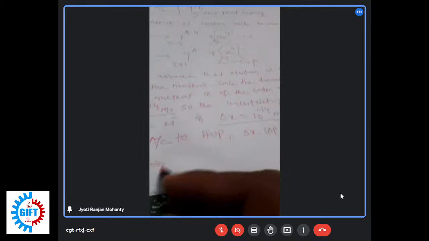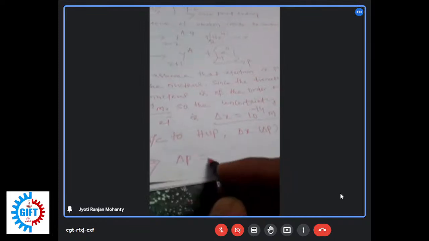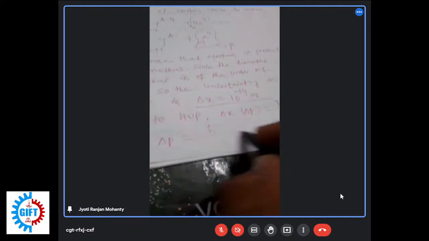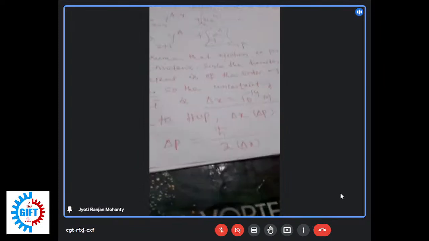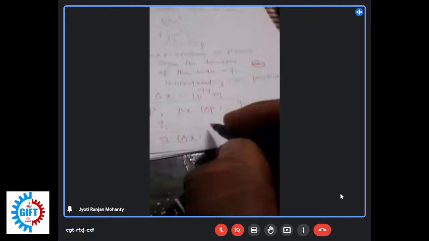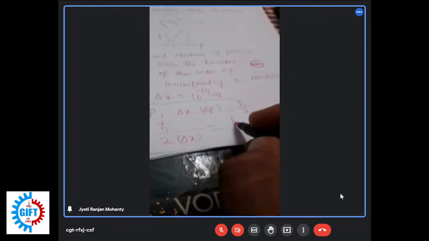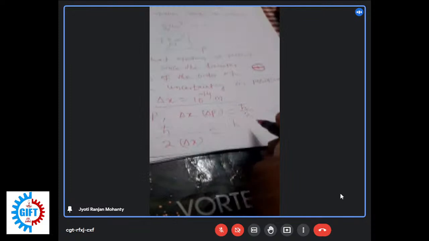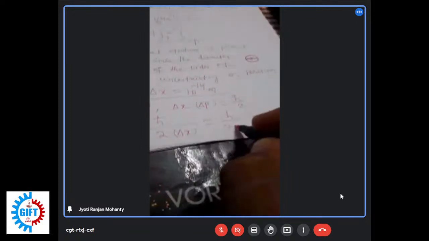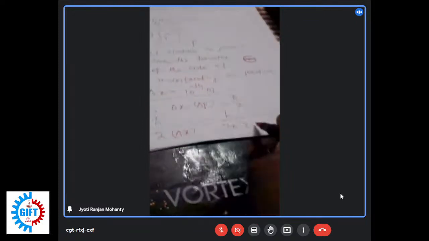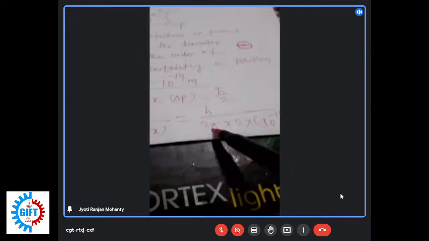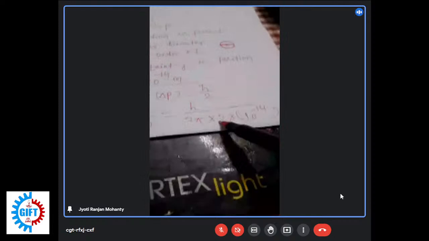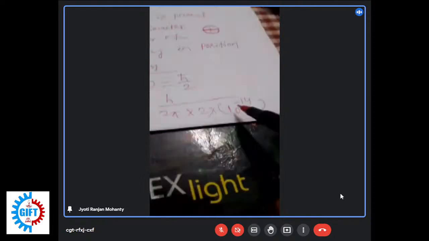So this implies del p is equal to h cross by 2 into del x. Okay. So this is equal to h cross, means h by 2 pi, into 2. H cross is equal to h by 2 pi. Again 2 is here, and in place of del x I have written 10 to the power minus 14.